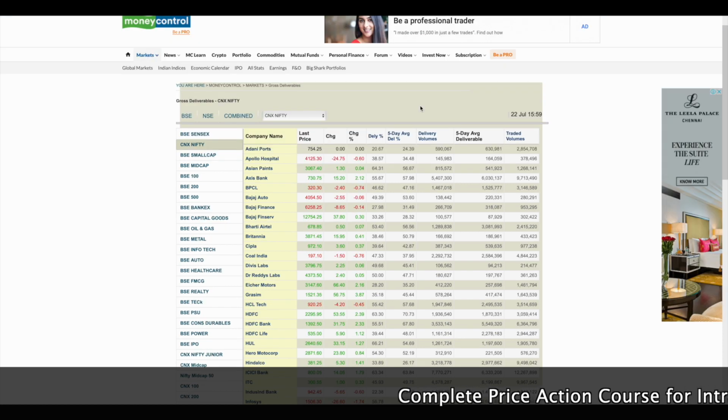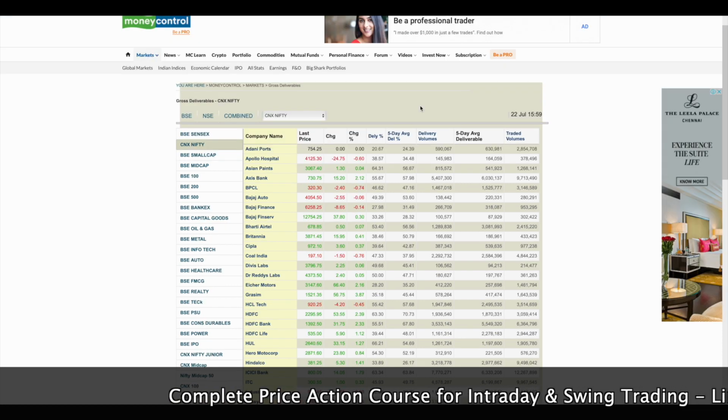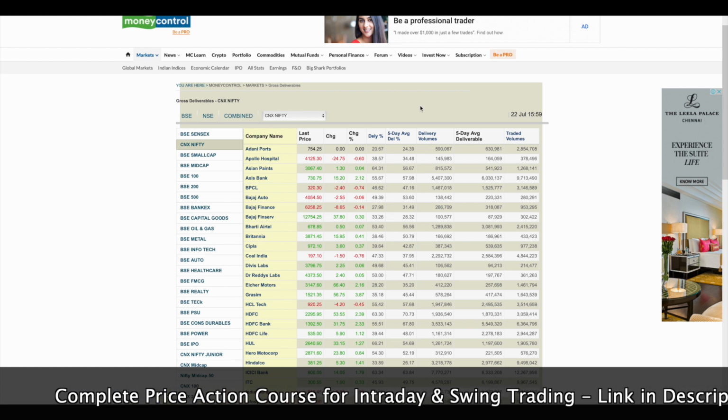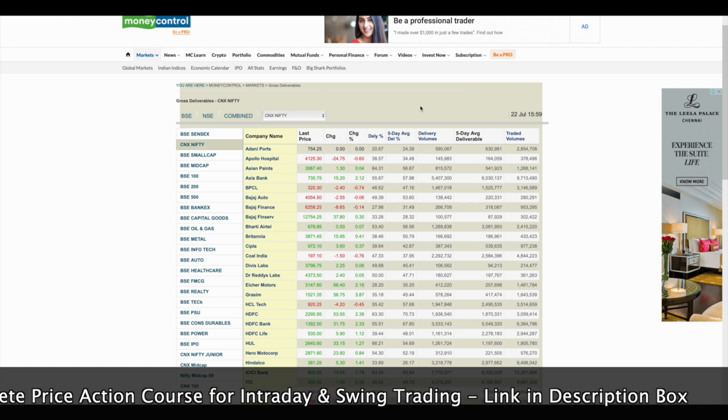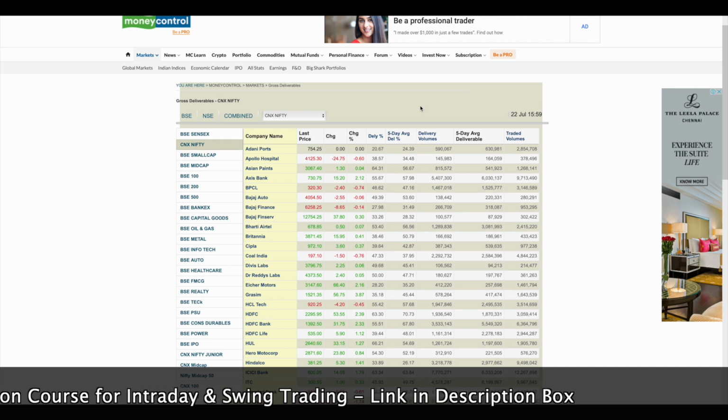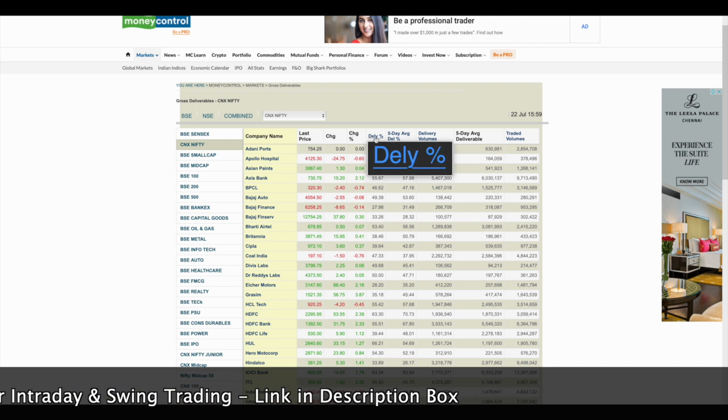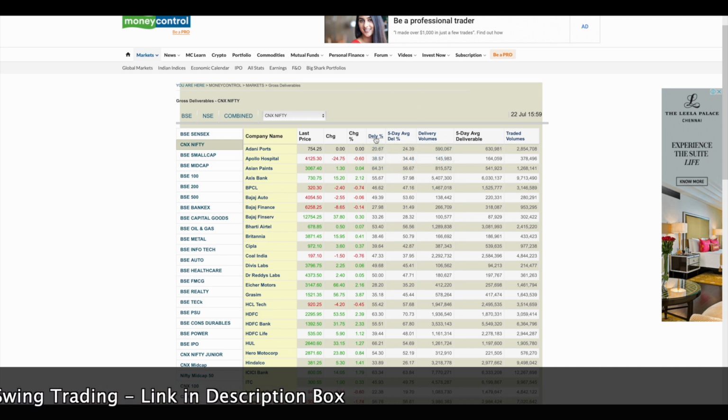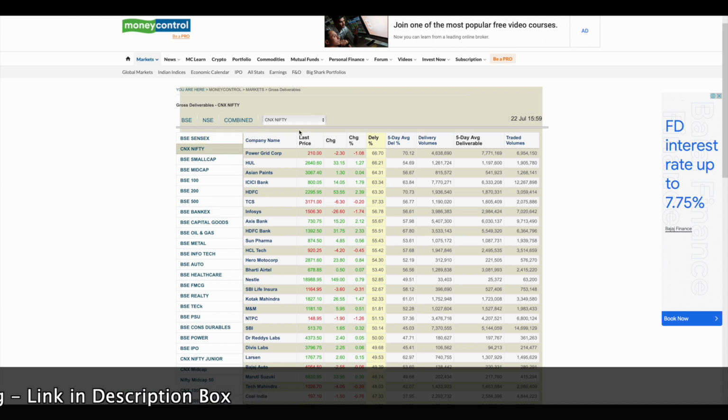Now the first thing that we need to do is identify those stocks whose delivery volume is significantly higher than intraday traded volume. For that, you have to go here, this delivery percentage section, click on that. Now the filter is applied. The system is giving us, on 22nd July, which stocks had delivery significantly higher.